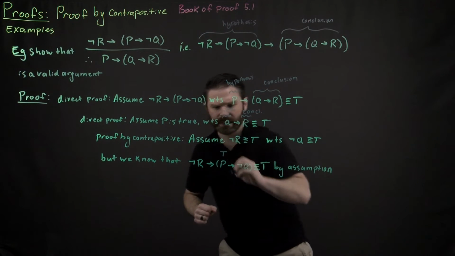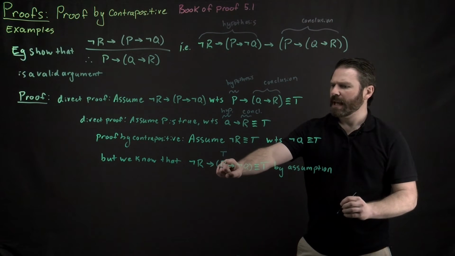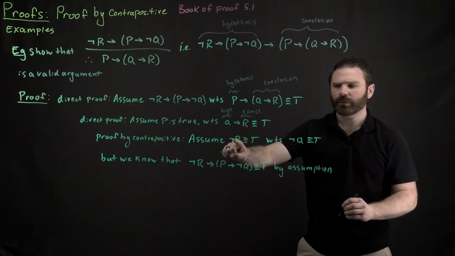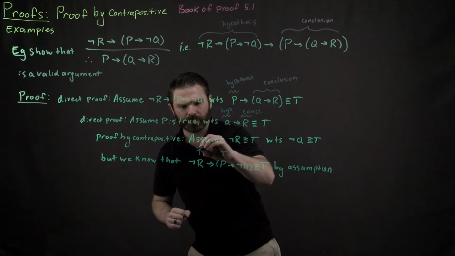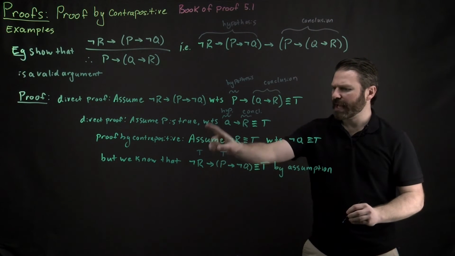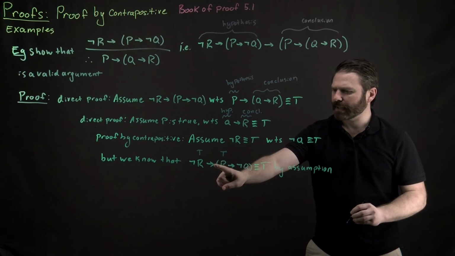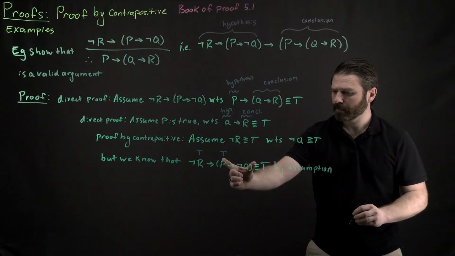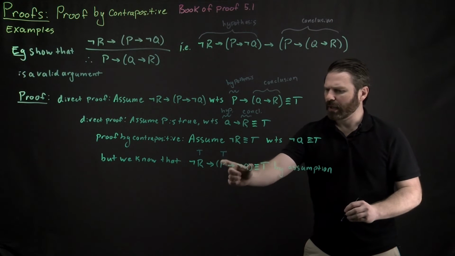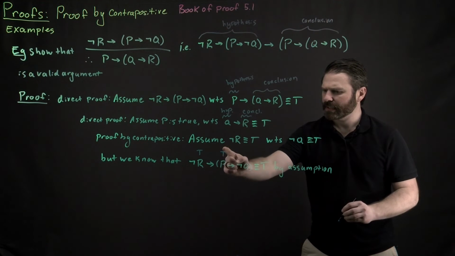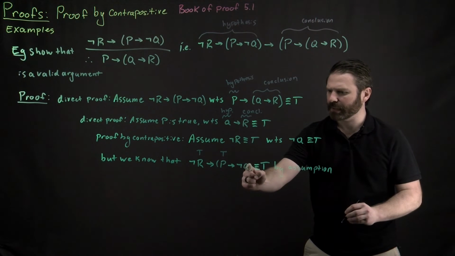So this P is true. And in this part of the proof, we assumed that not R is true. So we have true implies something is a true statement. Well, this implication right here is a true implies something.